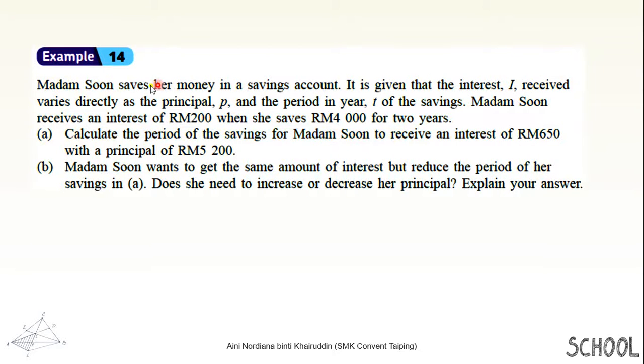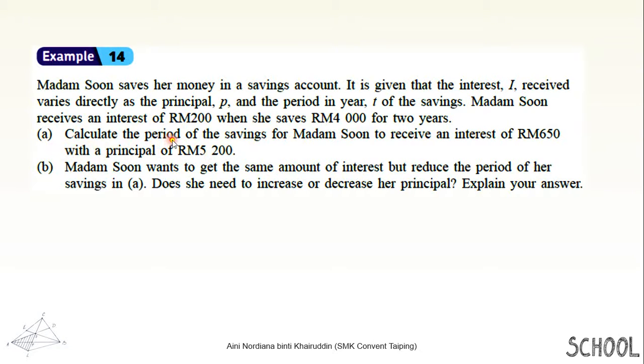Example 14. Madam Soon saved her money in a savings account. It is given that the interest I received varies directly as the principal P and the period in years T of the savings. Madam Soon received an interest of 200 when she saved 4,000 for 2 years.